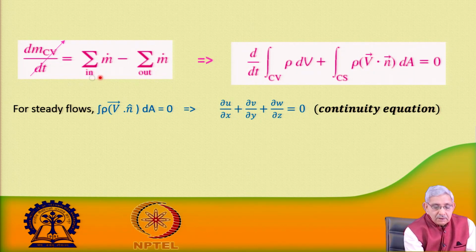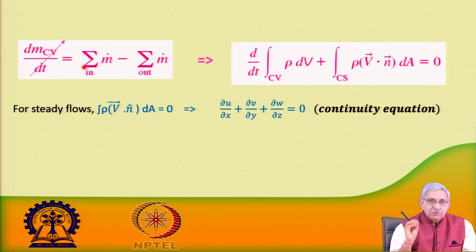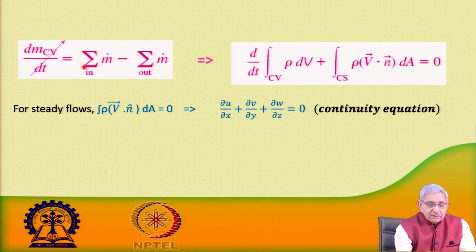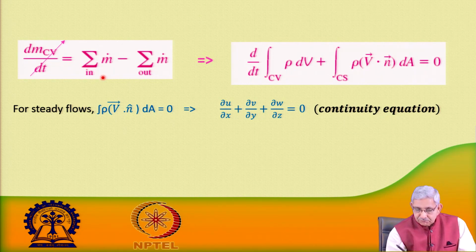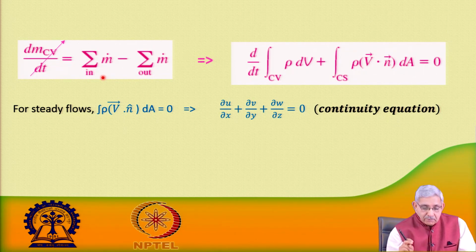So, m in means the sum of all the water entering in each individual unit, that is the mass which is getting into the system, minus the mass coming out of the system.